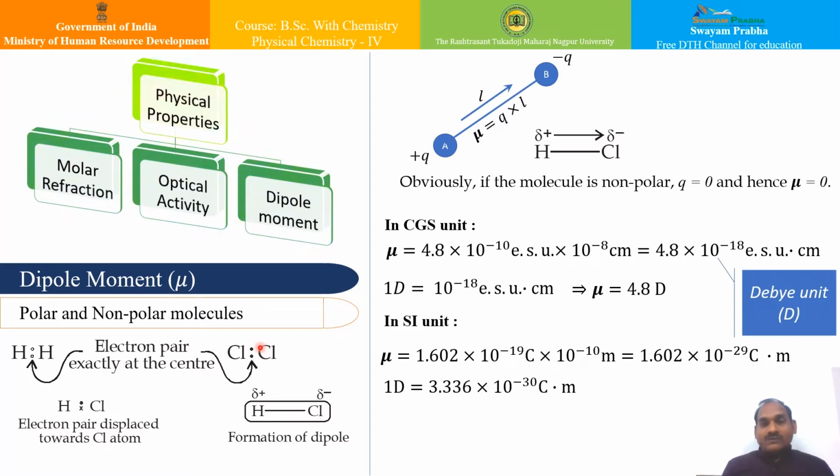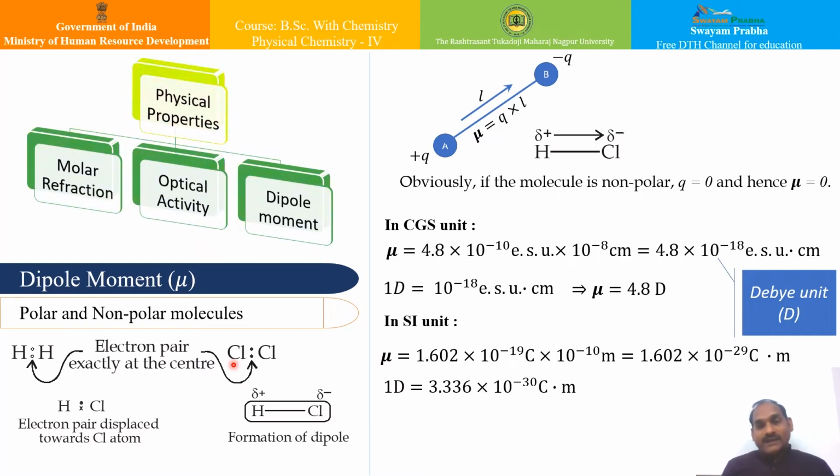Because of this, neither of the two atoms acquires a positive or negative charge, isn't it? And therefore, the bond formed between such two identical atoms is called a non-polar covalent bond. And the molecule as a whole is called a non-polar molecule.